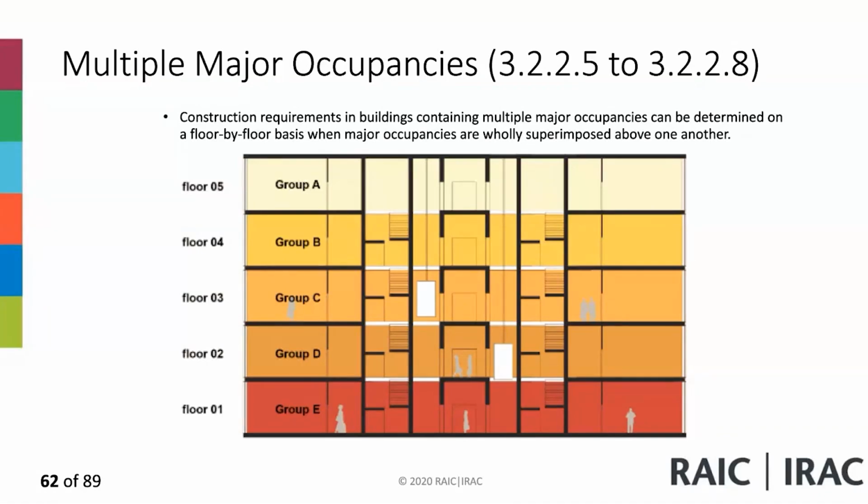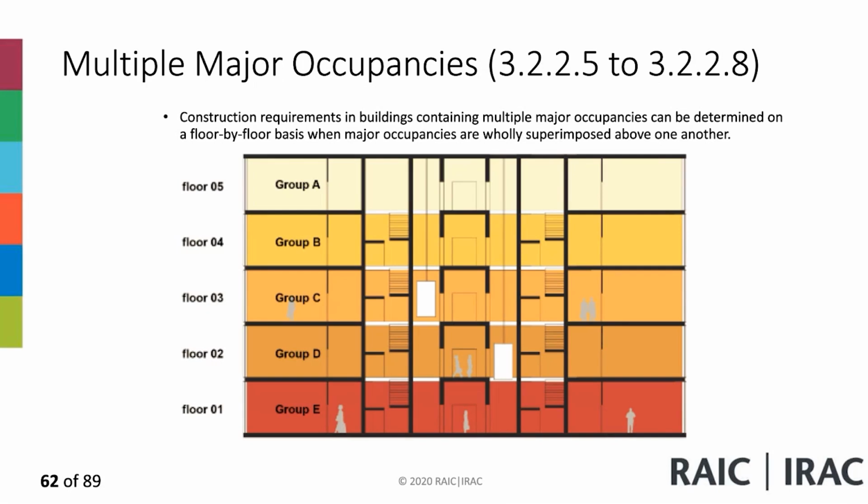So what if you have multiple major occupancies and part of your building is used for a group E? For example, I have retail on the ground floor, an office on the second floor, residential on top, then group B on the fourth, and a group A assembly.